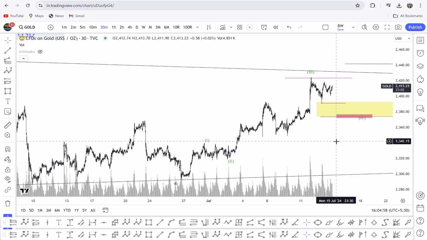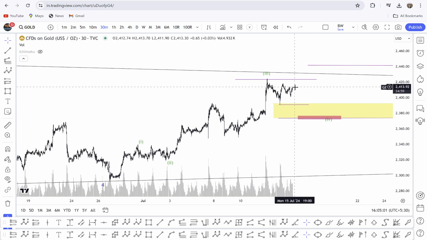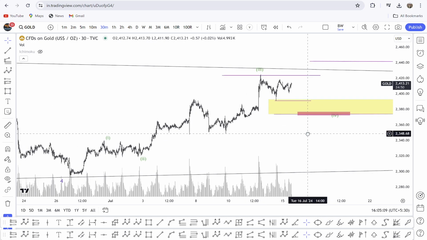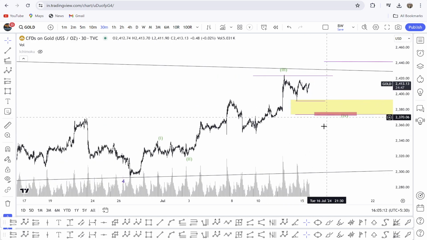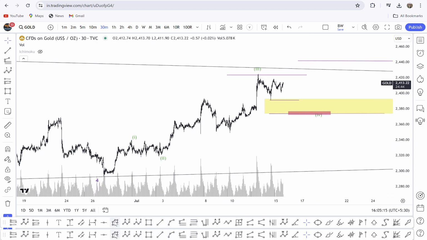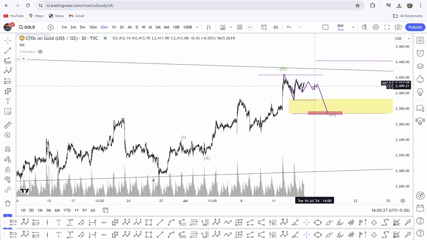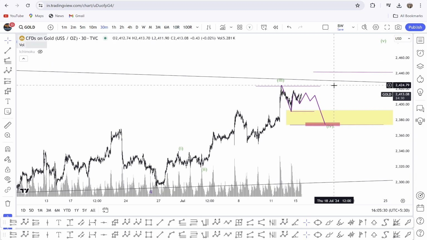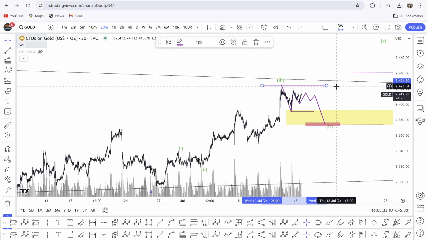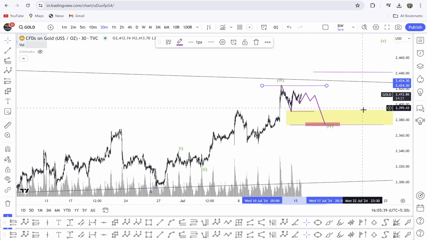So I'm not convinced that the price will start from here towards 2440, but there is a possibility of one more correction like A, B, C. You can see here this is the A wave, and this is the B and one C. So it's possible like this, and if we trade above this level, 2425, then we may see 2441.